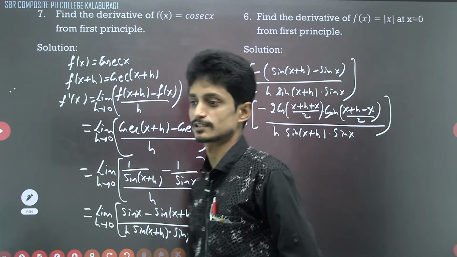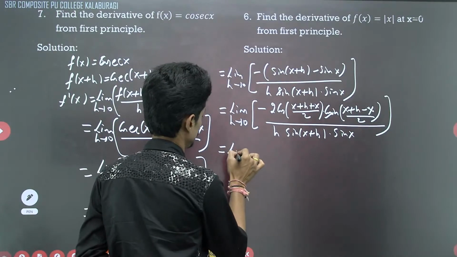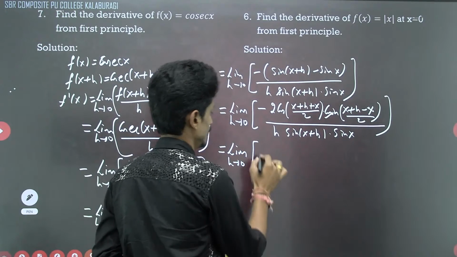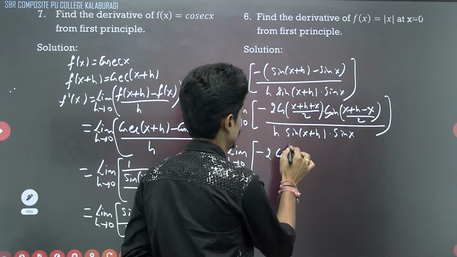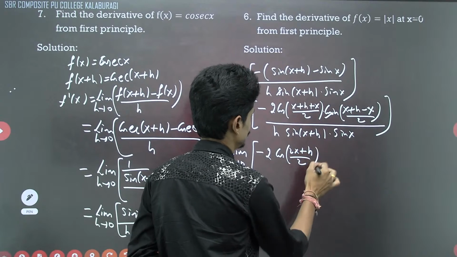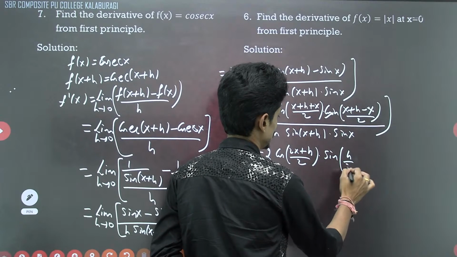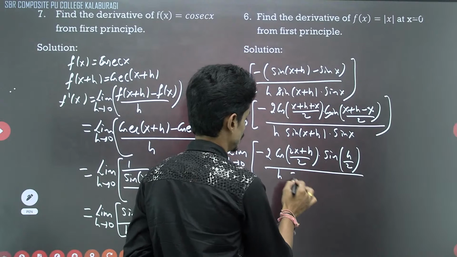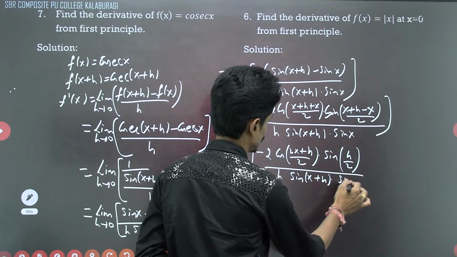Still we have an indeterminate form, so try to eliminate that h term. How? Limit as h tending to 0. Clear? This minus I keep as it is. What about this one? Cos of 2 times (x plus h by 2) into sine of, the x cancels, remains h by 2, divided by h into sine of (x plus h) into sine x.